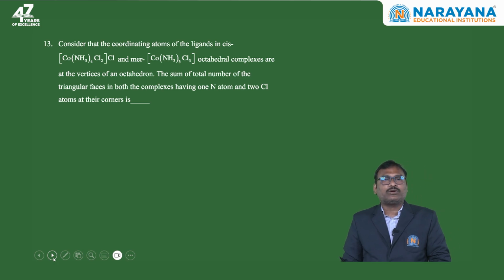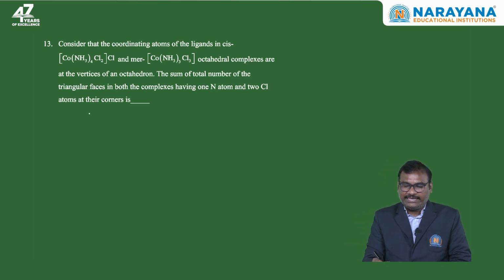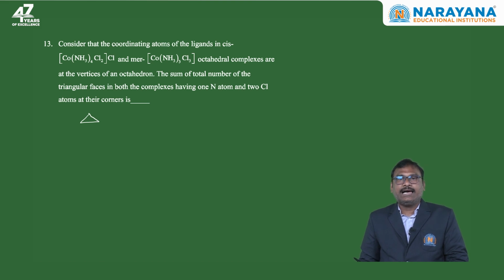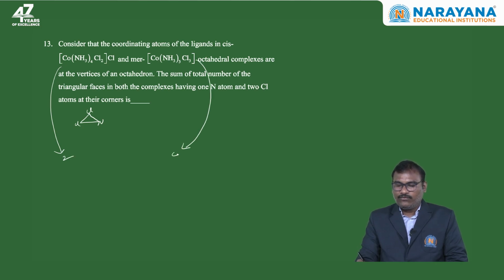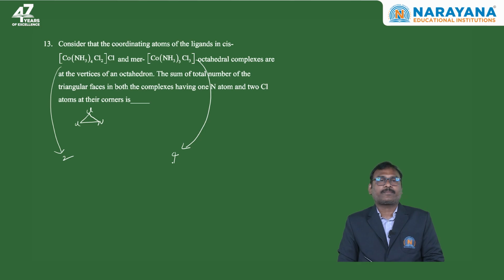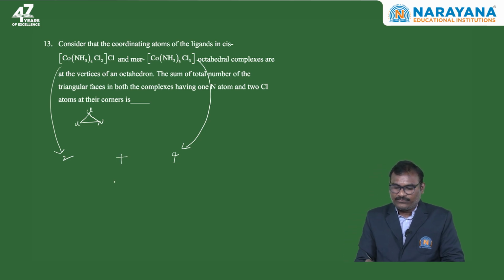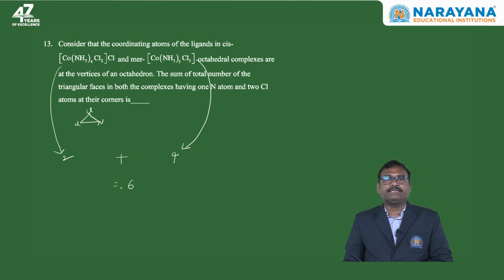The sum of the total number of triangular faces in both of the complexes having 1 nitrogen atom and 2 chlorines. In this 2 is possible, here we have 4 are possible. That means 2 plus 4, the answer becomes 6.